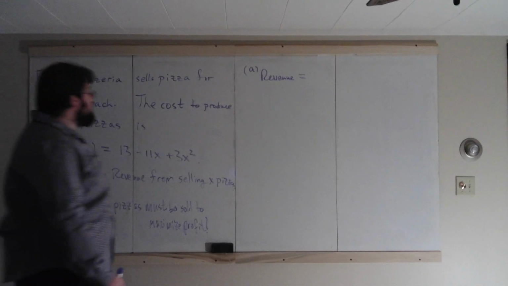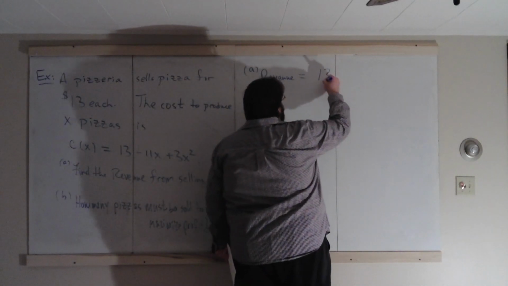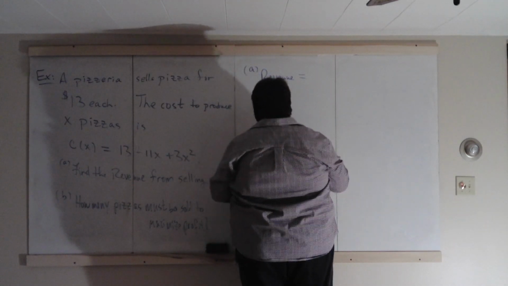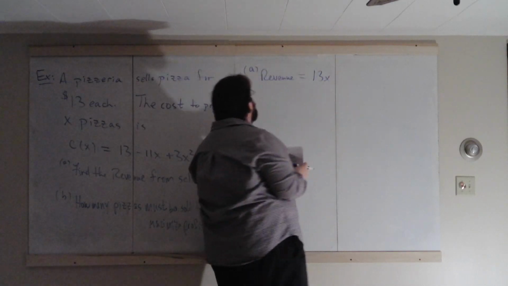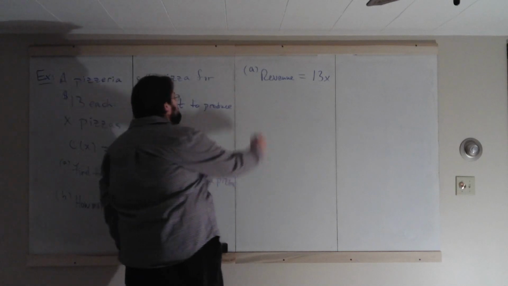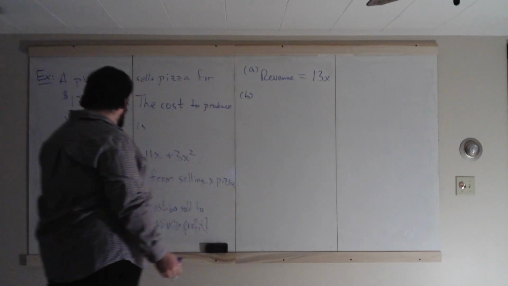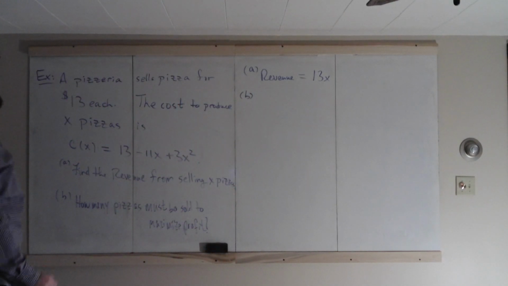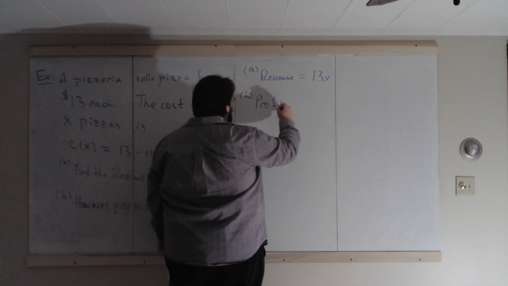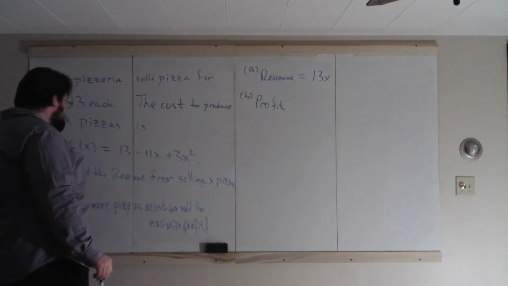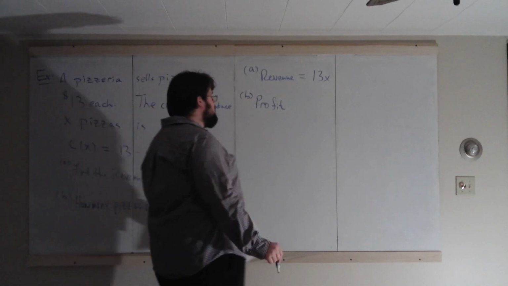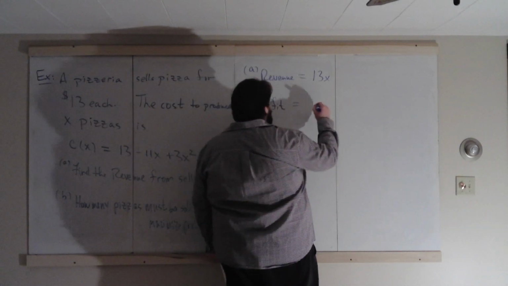The revenue from selling x pizzas is 13x, $13 per pizza times x pizzas. Part B. How many pizzas must be sold to maximize profit? Well, let's get a profit function. This should probably say either they only sell pizza or maximize profit on pizza. But whatever.